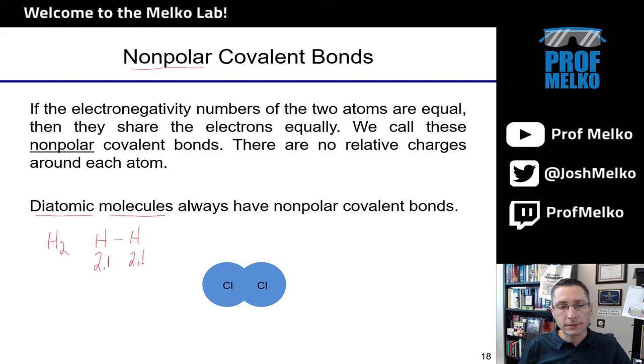So neither the left hydrogen nor the right hydrogen wants the electrons any more than the other. It's a completely fair, equitable situation. Both atoms equally want the electrons, so it's nonpolar. The electrons are not spending time around the right hydrogen any more than the left hydrogen. So we call these nonpolar covalent bonds. Here's the one shown for chlorine.